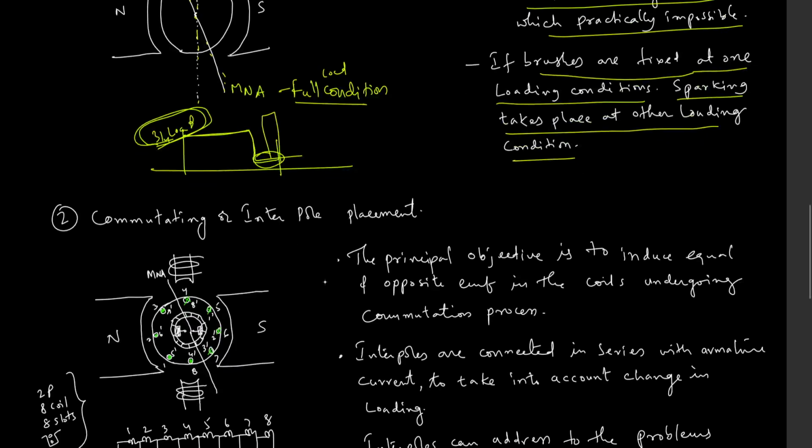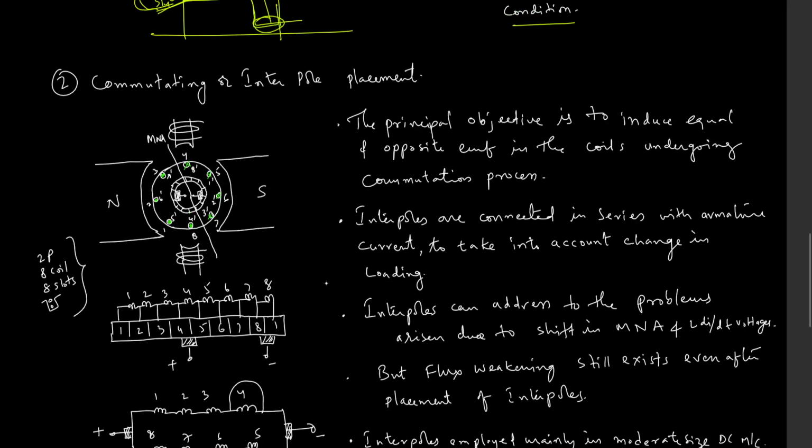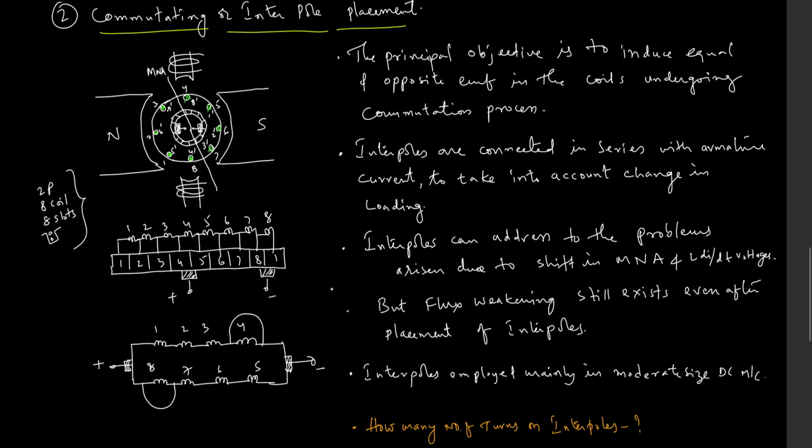Now the second method is commutating pole or interpole placement. The principal objective is to induce an equal and opposite EMF in the coils undergoing the commutation process, right?